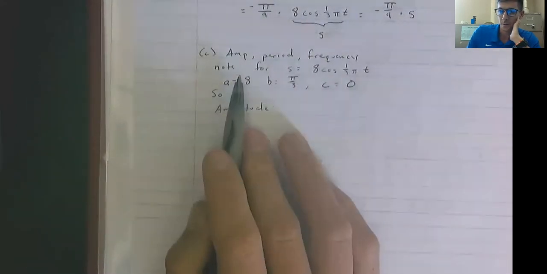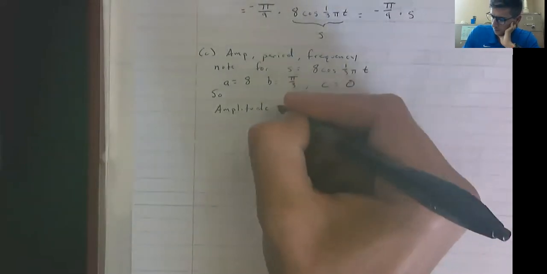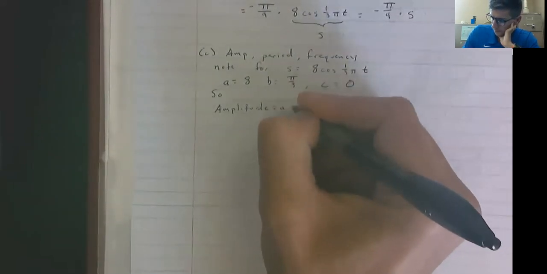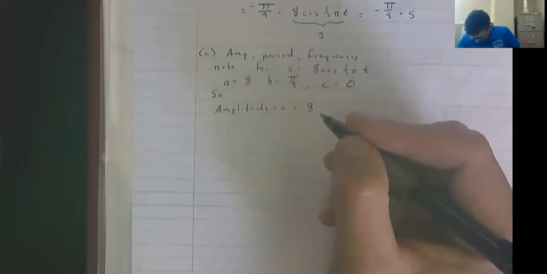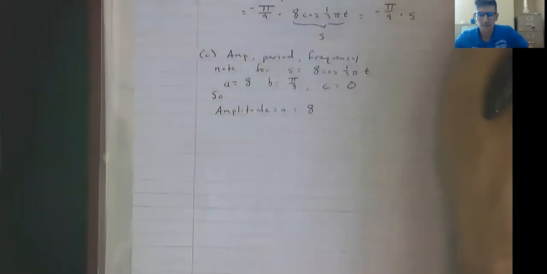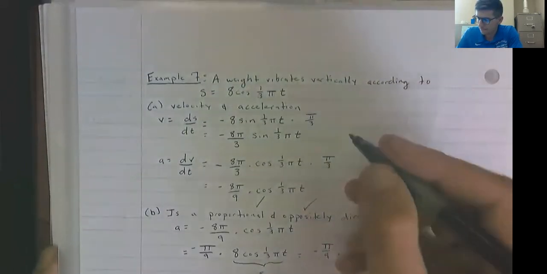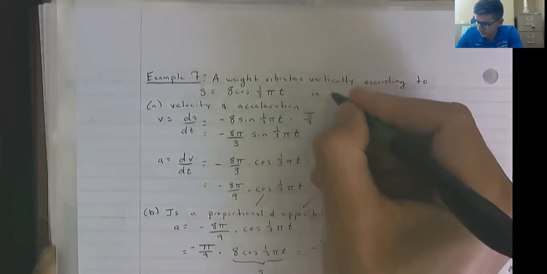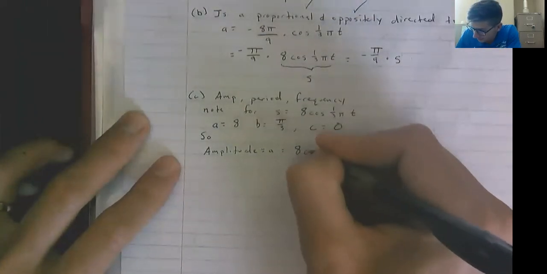We've got A for amplitude and A for acceleration. This is A for amplitude. Amplitude is equal to A, which is equal to 8. Did they give us a unit here? Centimeters. S is in centimeters. Sorry about that. So our amplitude is specifically 8 centimeters.